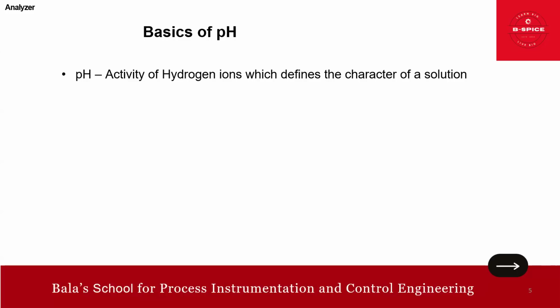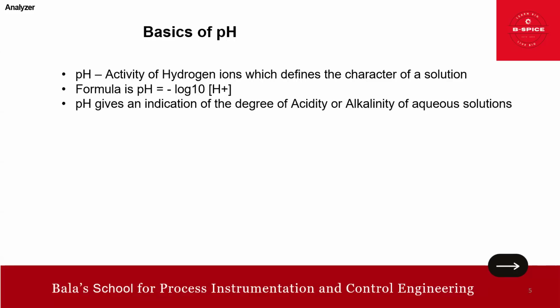Okay. Basics of pH. pH is what? Activity of hydrogen ions, which defines the character of a solution. Right, friends? What is the formula? pH is equal to minus logarithm to base 10 of H plus, that is the hydrogen ion concentration. So pH gives an indication of the degree of acidity or alkalinity of aqueous solutions.